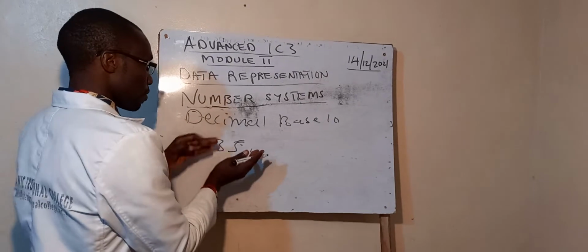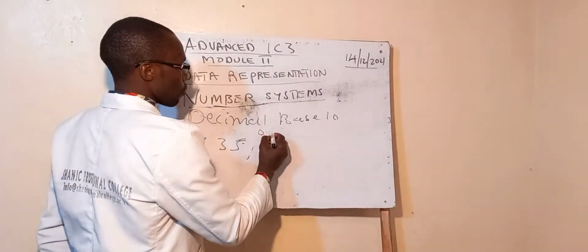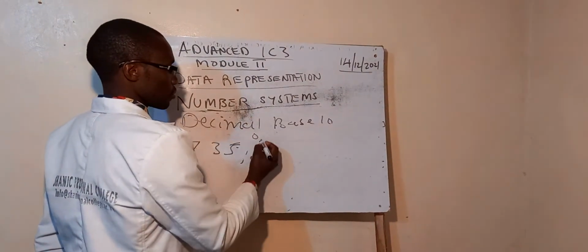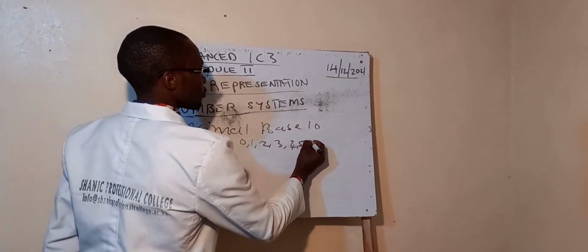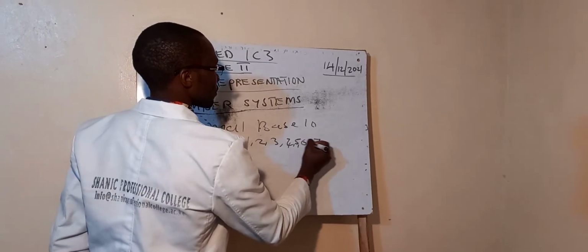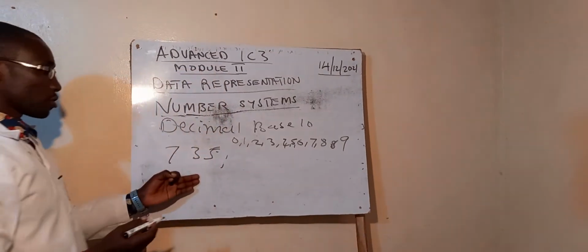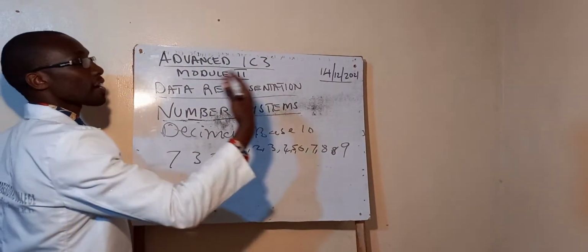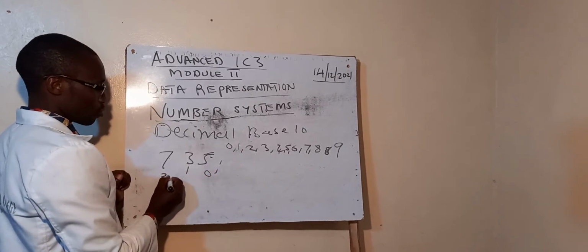This is positional notation: 0, 1, 2, 3, 4, 5, 6, 7, 8, and 9. Positional notations here from the rightmost: 0, 1, 2.